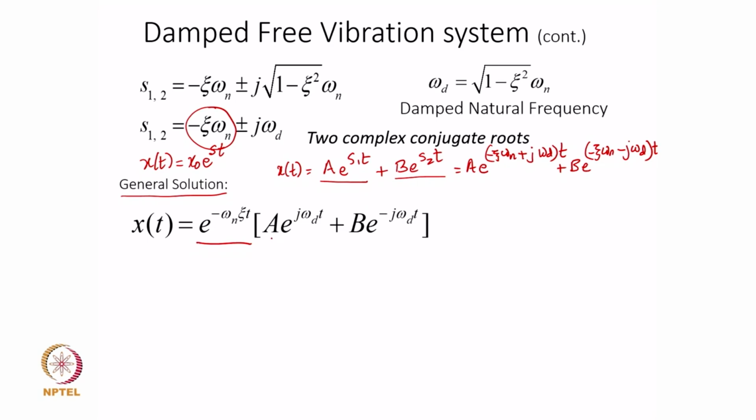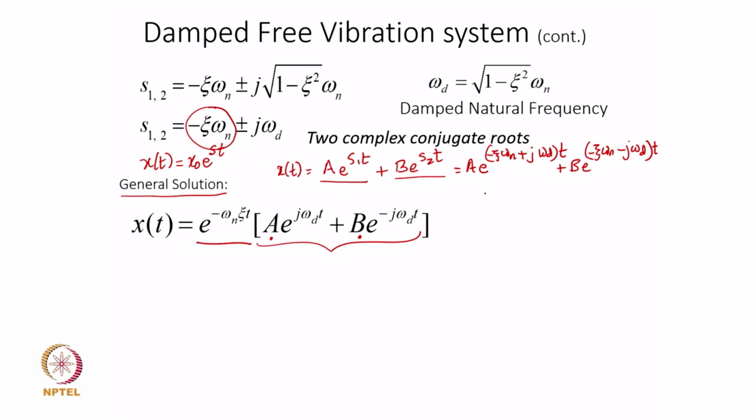And whatever values you eventually get for a and b, this entire bracketed quantity turns out to be a harmonic quantity, depending upon the values of a and b.